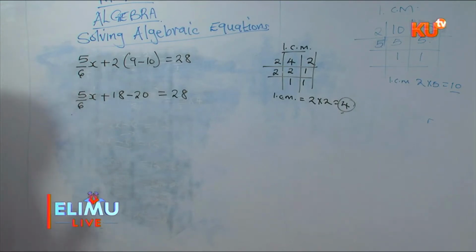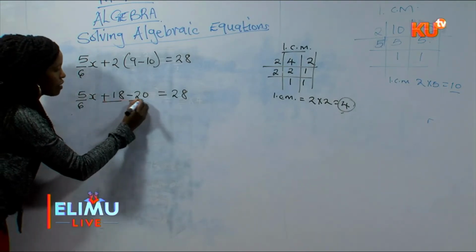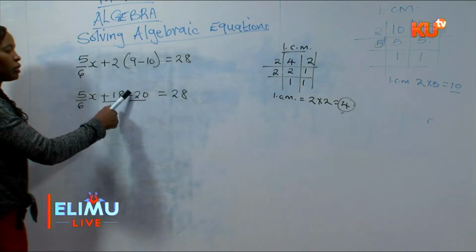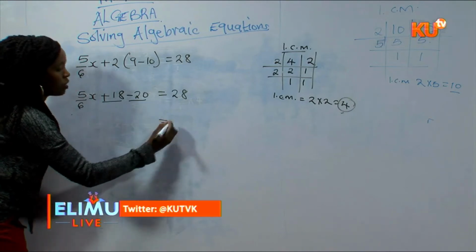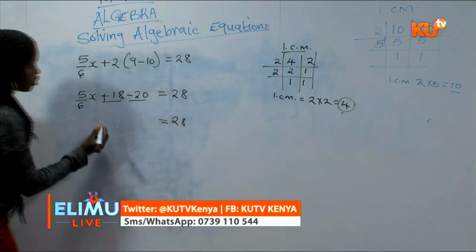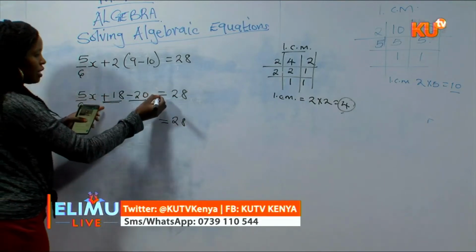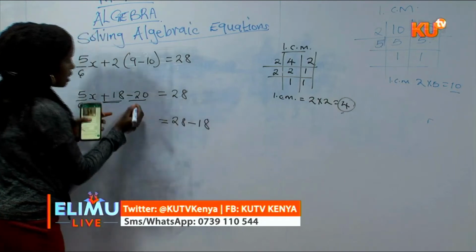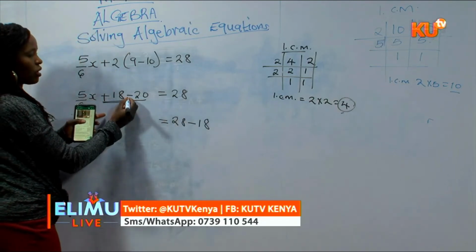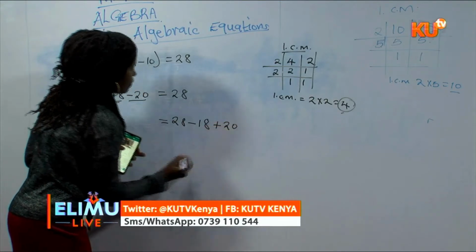From there now we collect the like terms. This is positive 18 and we have negative 18. We take them to the other side where we have the numbers. So 28. When this plus 18 goes to the other side of the equal sign, we are going to have minus 18. This is 20. When it goes to the other side, we are going to have it as plus 20.